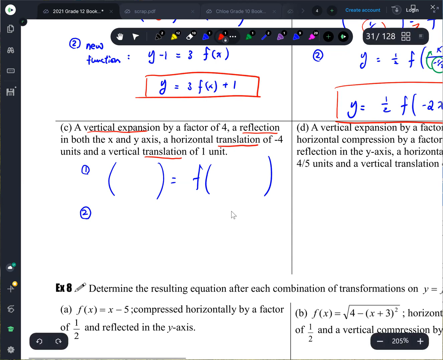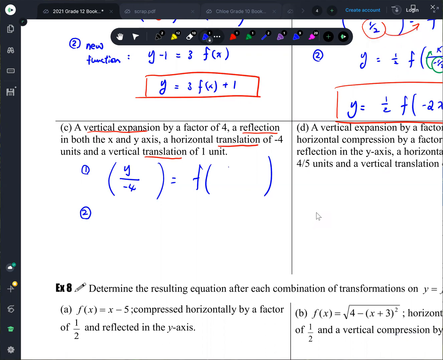Okay, we should be done with the story form by now, right? Okay, Jenny, what's your story form look like? Y over 4, negative 4, y equals -4. x minus 4. What? Negative x minus 4?